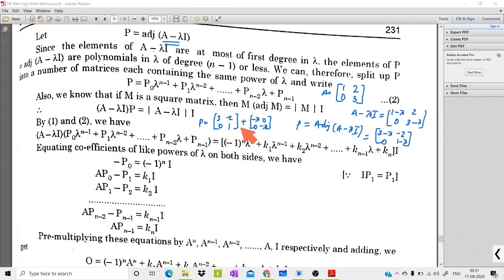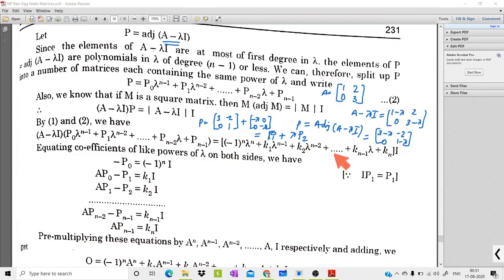When you add these two matrices, you get P. Every matrix can be decomposed into a sum of two matrices, or three, or any number of matrices. I call the first matrix P1, and for the second matrix we take lambda out, so it is lambda times minus 1, 0, 0, minus 1. That matrix is P naught.